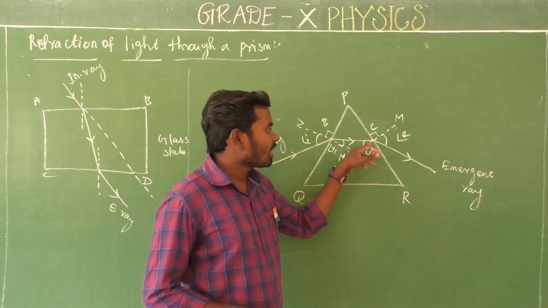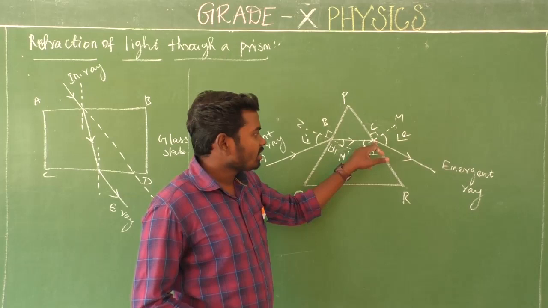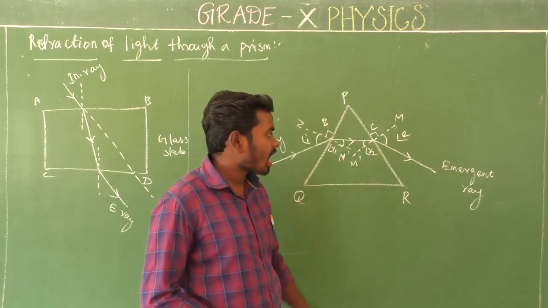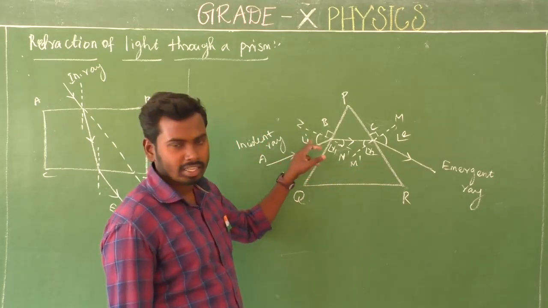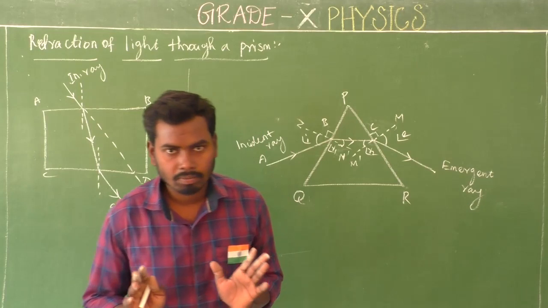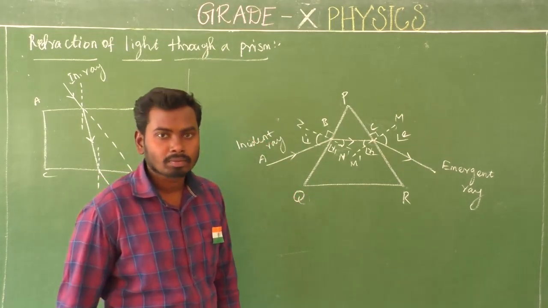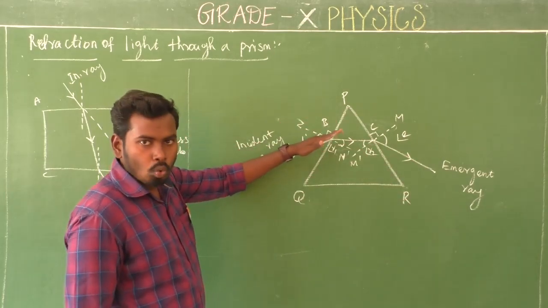Next, there is some angle between this refracted ray and the normal of the second surface, that is called the angle of incidence 2. Because angle of incidence 1 is already here, there is angle of incidence 2. That's all. Is there any doubt? So what is the point, sir? What is the point? Actually, look at here. Actually, this is the original path of light.